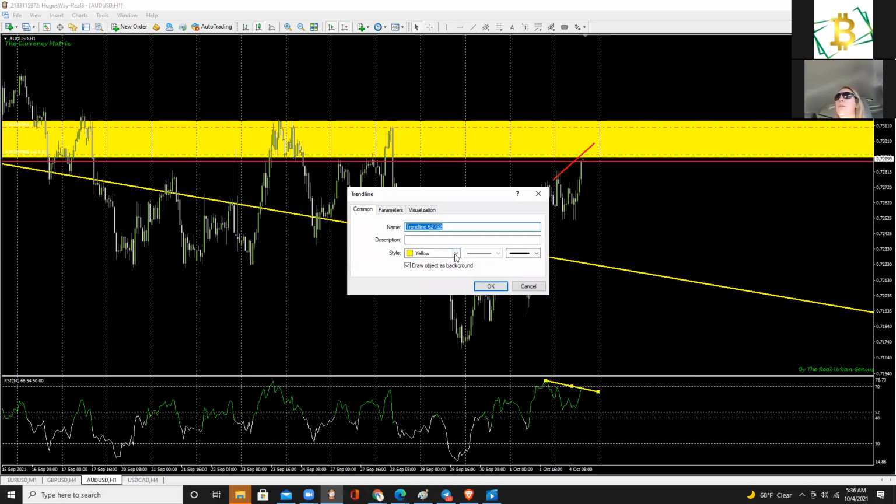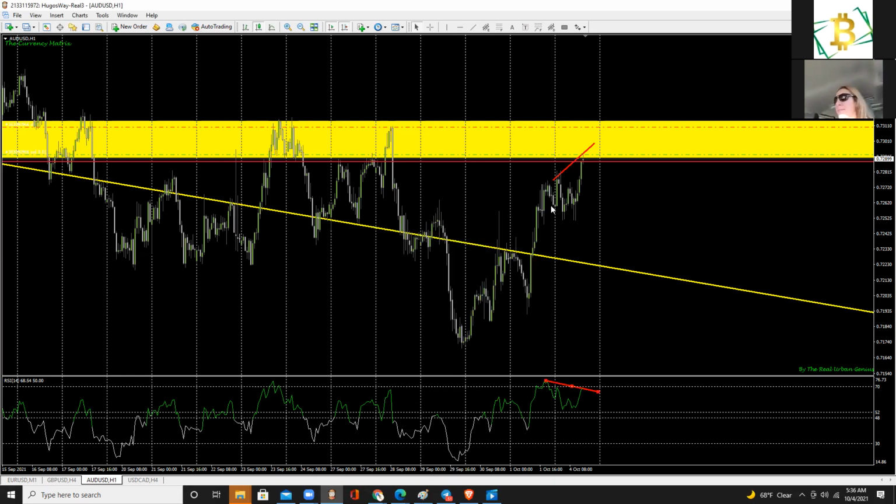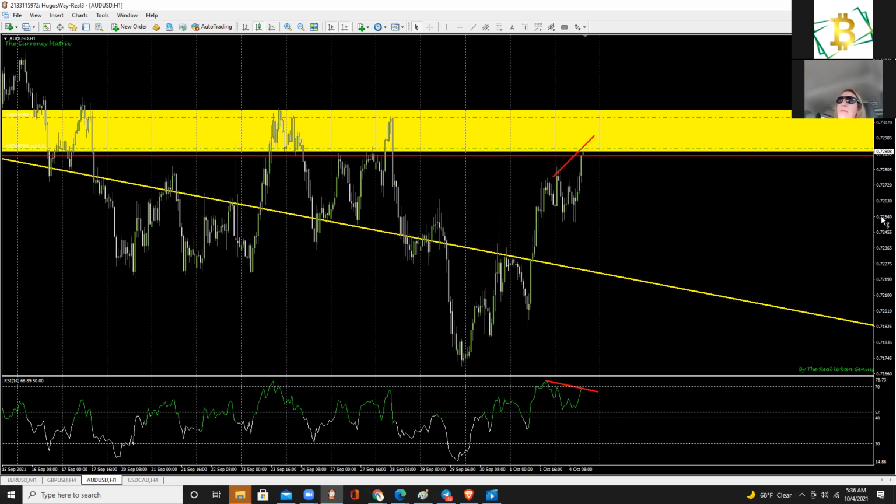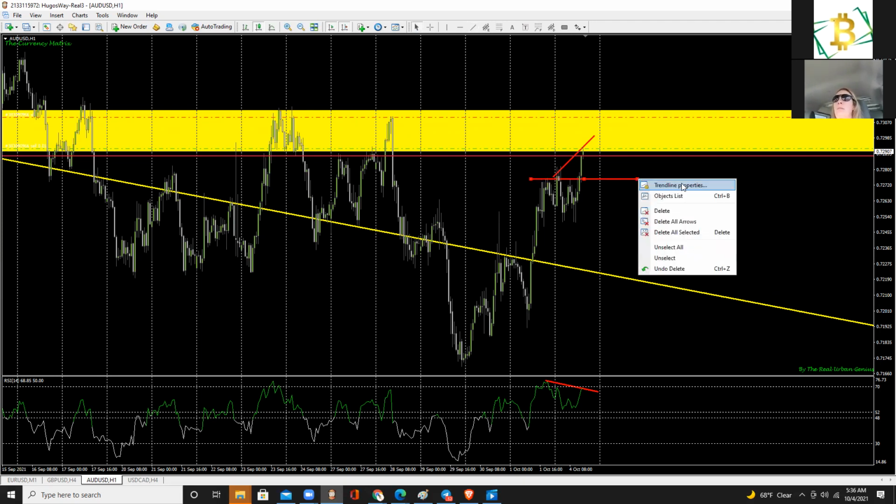So we have divergence here in our trigger zone, as well as a potential trend reversal. And now when it comes to our intraday rules, which we apply on the hour time frame and below, if you notice here, we are above the previous day's high.